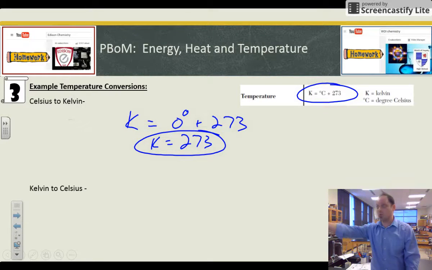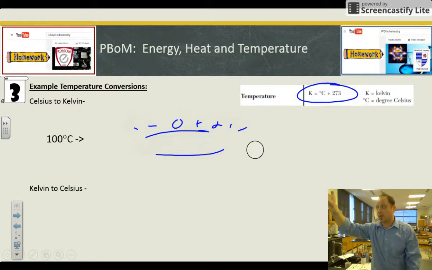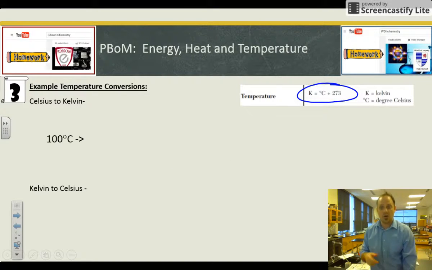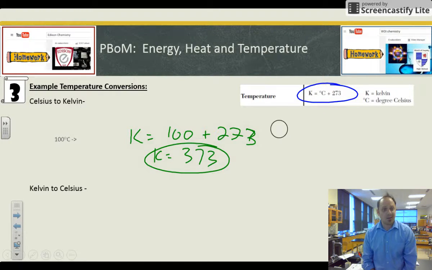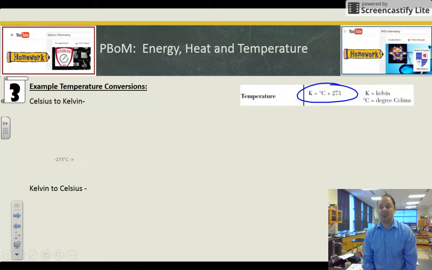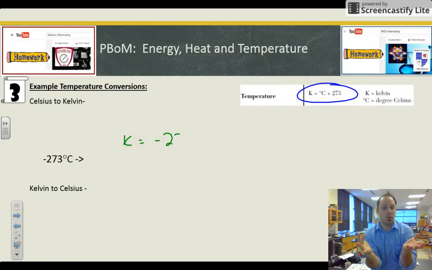So Mr. Milk started with the equation. He plugged all the variables he needed into it. If he's given 100 Celsius, he's got to say Kelvin equals 100 Celsius plus 273. There we go. He knows how to do math: 373. Okay? Simple enough. The last one, negative 273. Don't panic. It's just a negative sign. He's just going to put negative 273 plus 273.